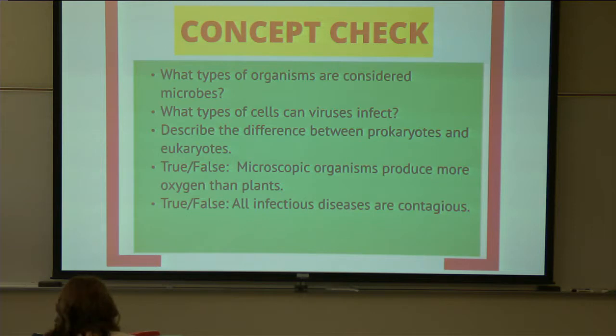What is responsible for AIDS? HIV, which is a virus. Okay, so we see something caused by bacteria, we see something caused by virus. What is ringworm? Fungus. Okay, so we're looking at a fungal infection. Those are all microorganisms.